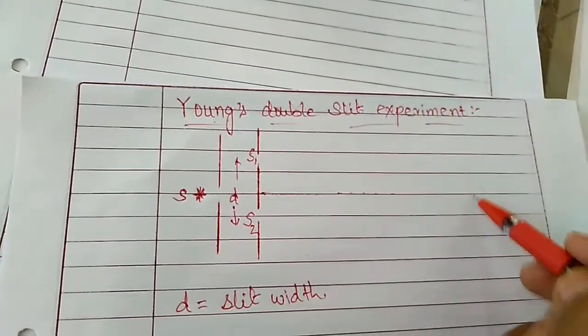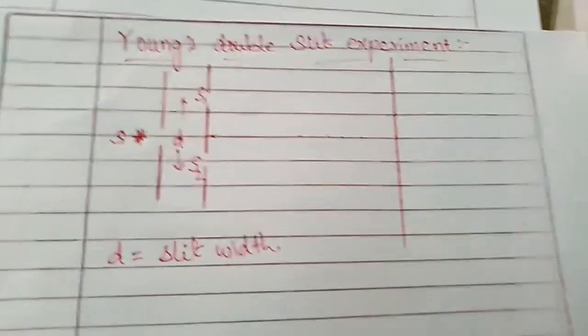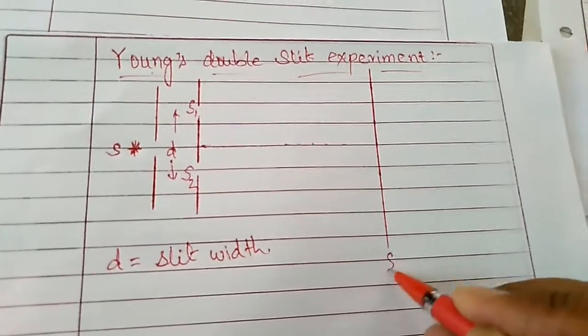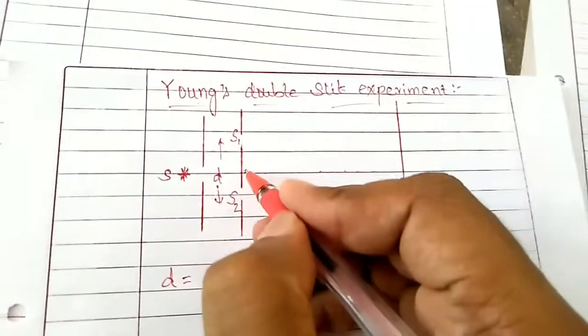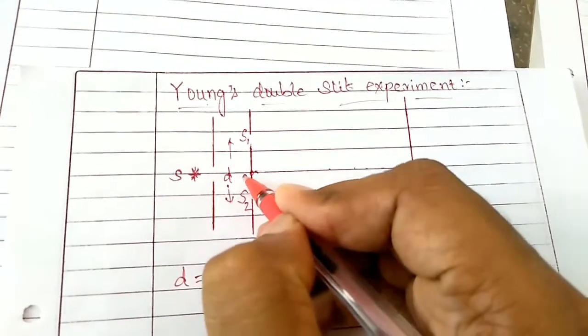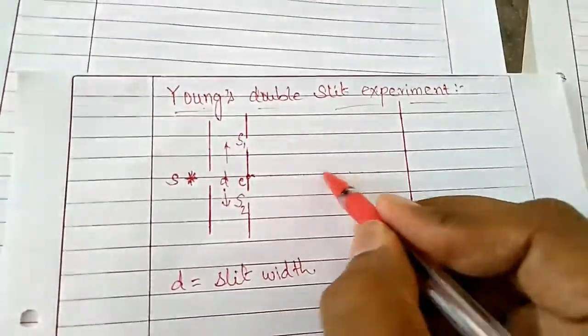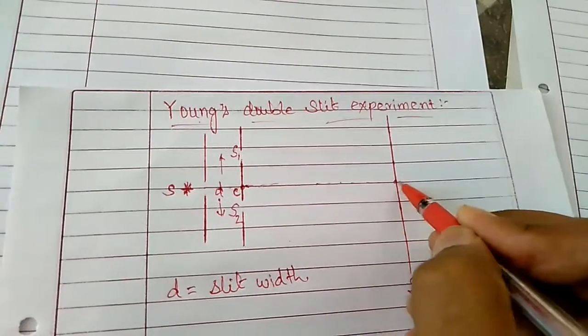Further, now what will happen? Let's draw the screen first. So here is the screen. Let the center point of the slit be point C, and the right bisector of the slit meets the screen at some point here.